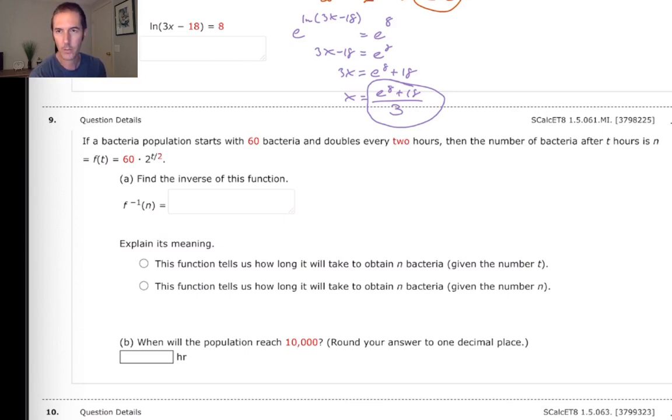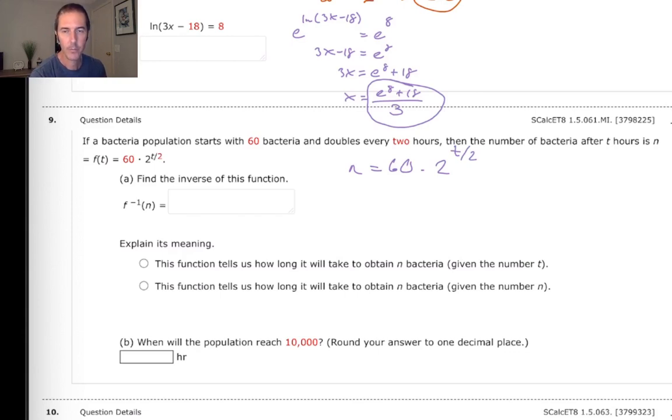I think we've talked enough about finding inverses, so why don't you start it off by writing that n is equal to 60 times 2 to the power of t over 2. Then use your 3 primary steps.